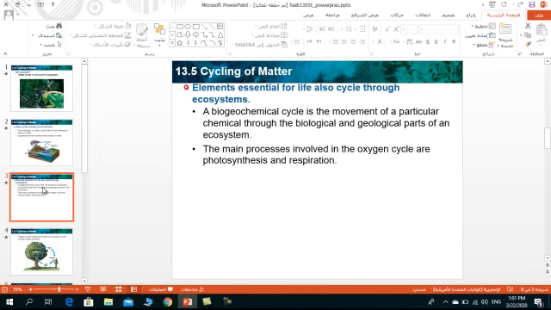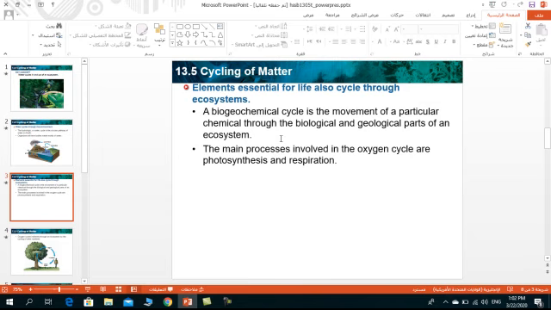Also, we have many elements which are important to life, including carbon, nitrogen, phosphorus, and sulfur. And don't forget that about 96% of the mass of the human body consists of these elements. That's why the biochemical cycle is the movement of these particular chemicals through the biological and the geological processes in the ecosystem.